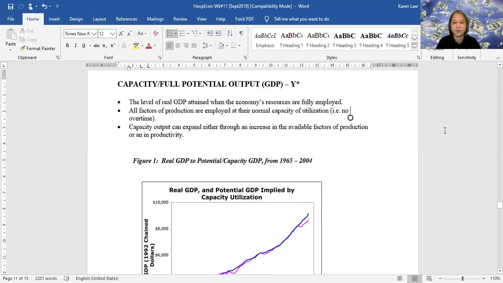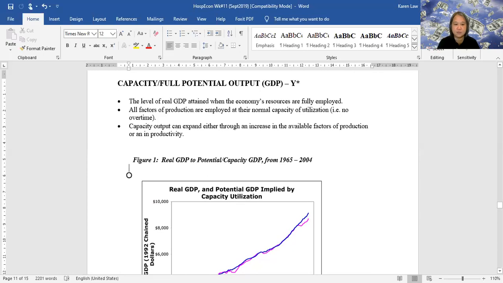So I just want to define our full potential output, okay? Our capacity, or our full potential output, which you have seen before, is our Y star, which, remember, is dictated by our long run supply curve. The level of real GDP when all our resources are fully employed is defined as our full potential output, or our Y star.